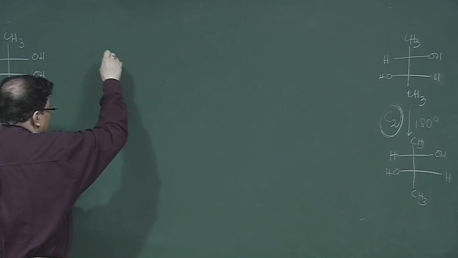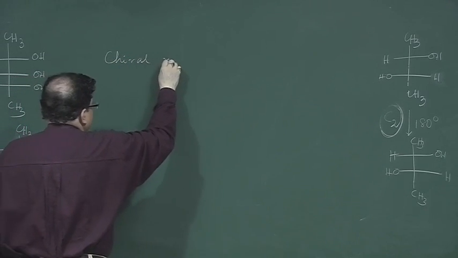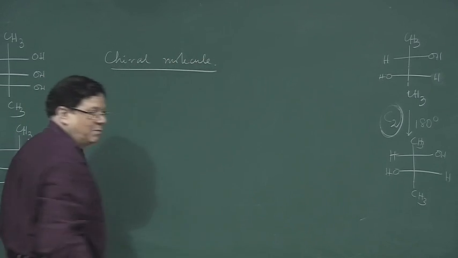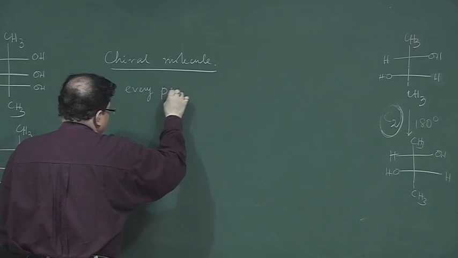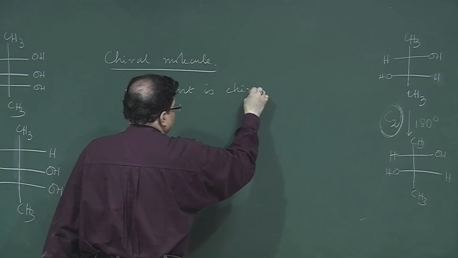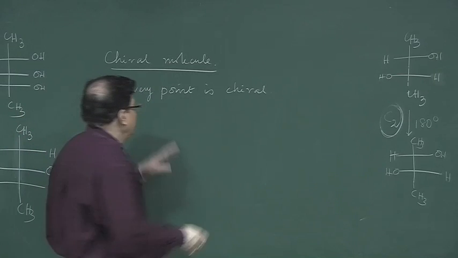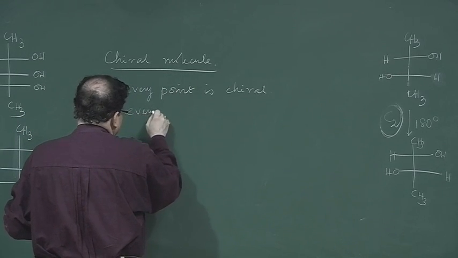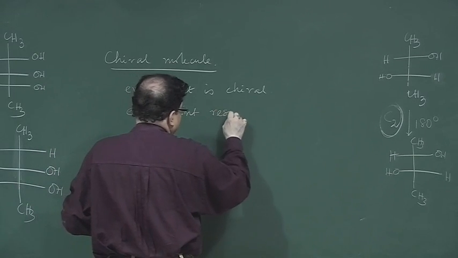They are saying that in a chiral molecule, every point, as I said, every point is chiral, or they reside in a chiral environment. I can say every point is chiral. That means every point resides in a chiral environment.